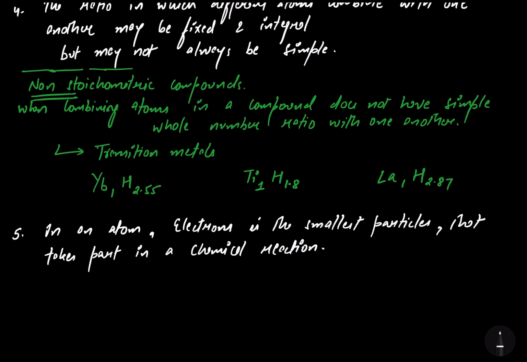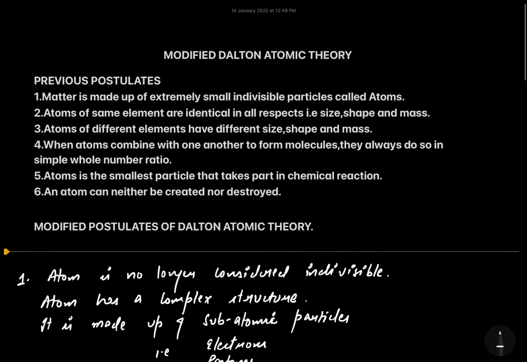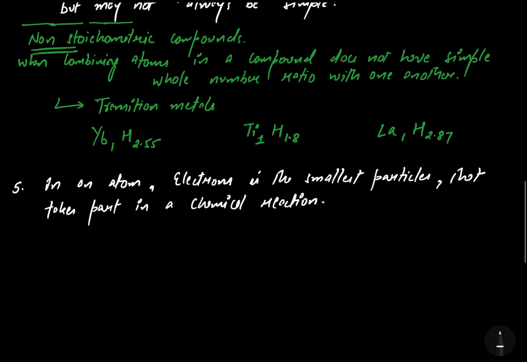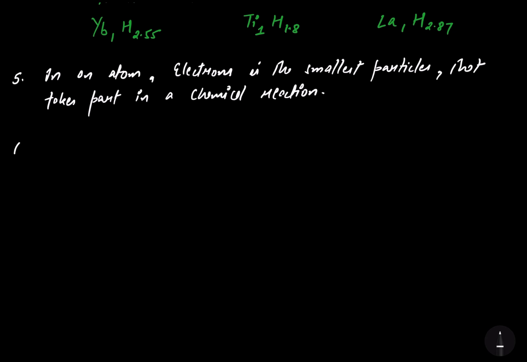So let's come back to the previous postulates. What's the last postulate? The sixth one states that the atom can neither be created nor destroyed. But this point has been modified. I am writing here the sixth point. They were saying that atom is neither created nor destroyed, but now atom is no longer indestructible.